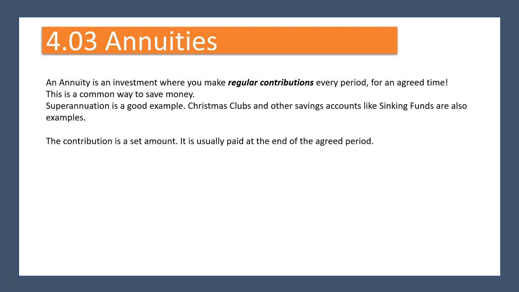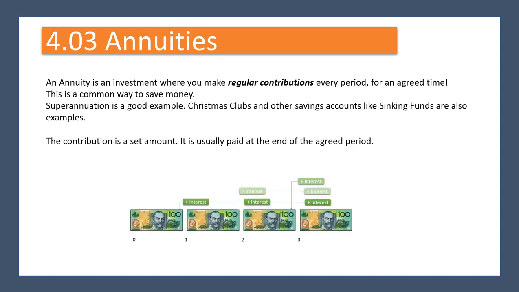The contribution is a set amount and it's usually paid at the end of the agreed time. So you can see here we have $100 being deposited at the end of whatever the one agreed time is. It will earn interest all the way through.